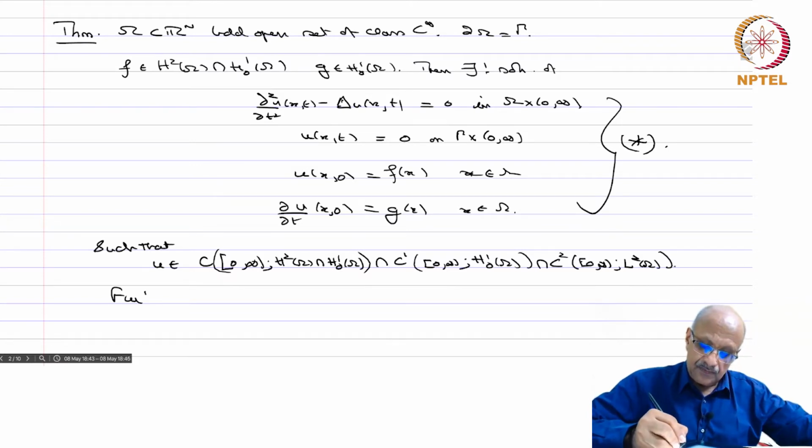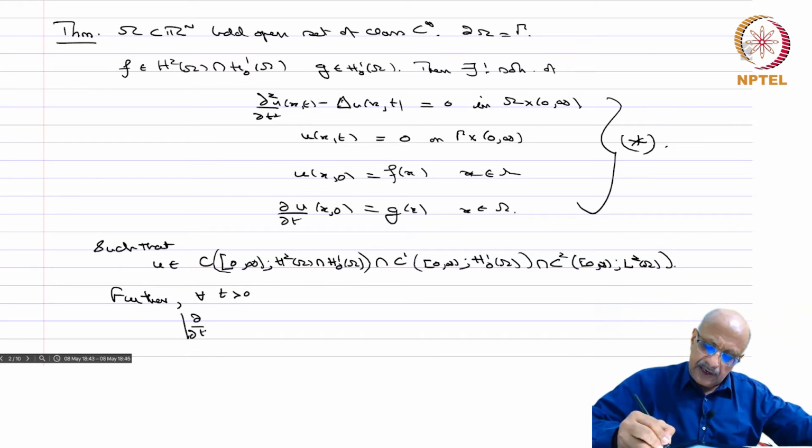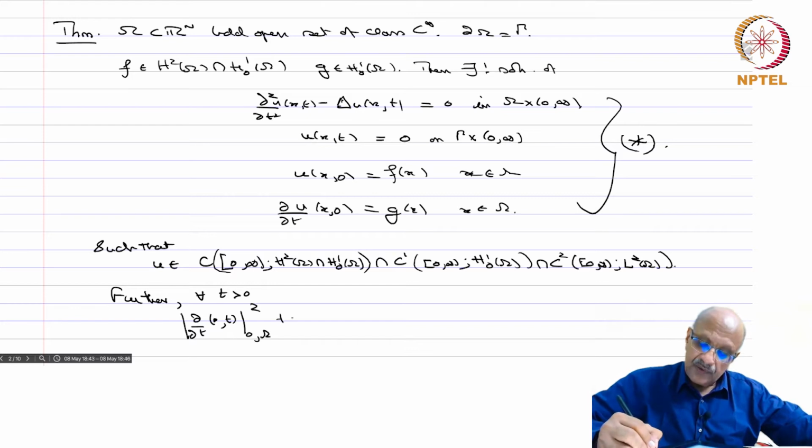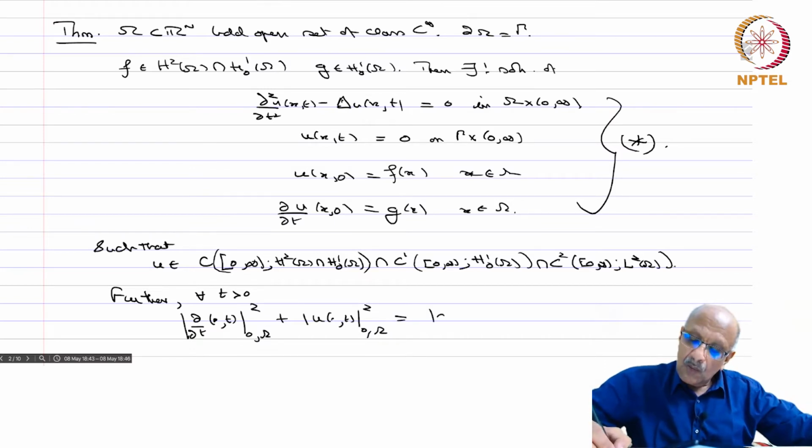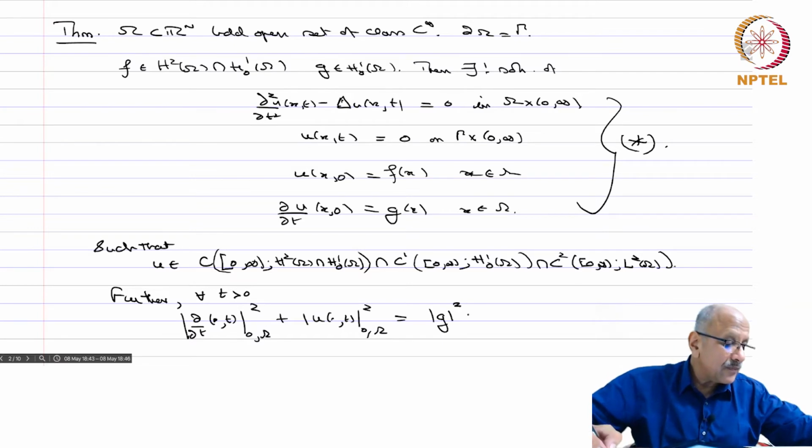Further, for all t greater than 0, the norm of du/dt(t) squared in L2 of omega plus the norm of u(t) squared in H10 of omega; I am taking the L2 norm in the x variable; is equal to the norm of g squared in L2 of omega plus the norm of f squared in H1 of omega.